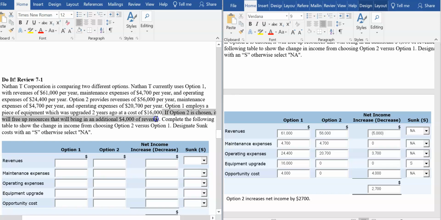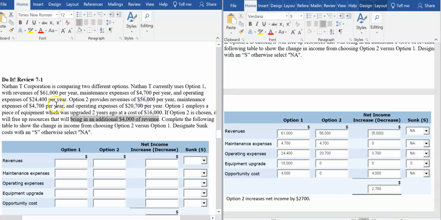If we do not choose option two, in other words, if we choose option one, we will incur an opportunity cost of $4,000 because option one does not allow us to bring in that additional $4,000 of revenue. So that $4,000 will be an opportunity cost.